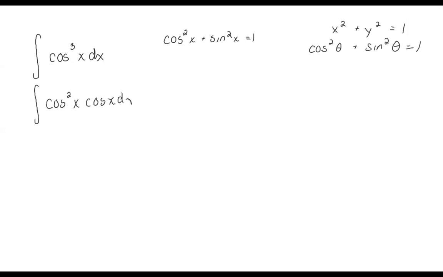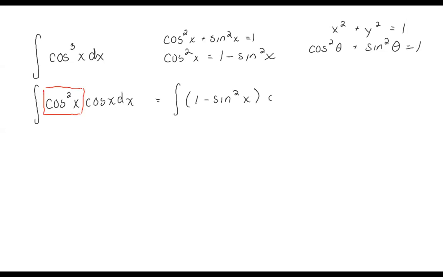Then I'm going to split them apart, but then I'm going to use the fact that this cosine squared x can be thought of as 1 minus sine squared x. And if this problem involved a power of sine instead of a power of cosine, I could let sine squared x equal 1 minus cosine squared x.